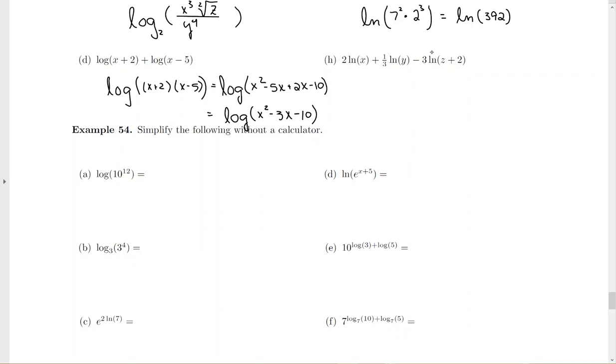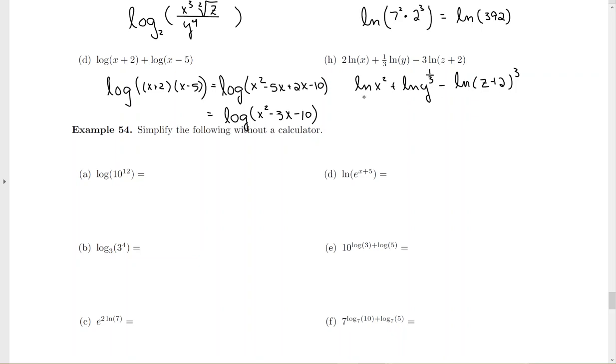Last one of this group, powers need to go up. I see a fraction, which means a radical, and it's going to be a cube root because it's a 3 down there. And then the last one, z plus 2 cubed.